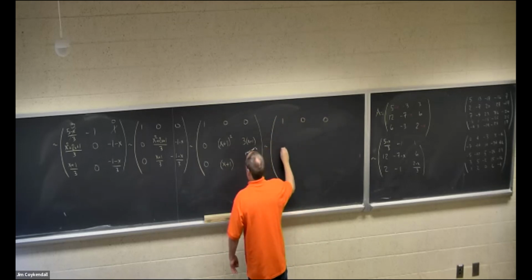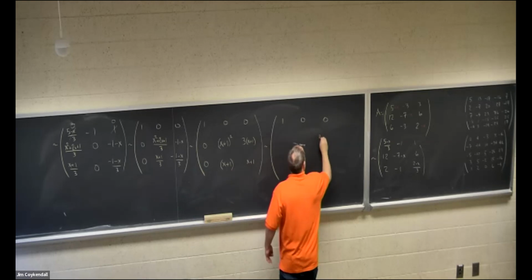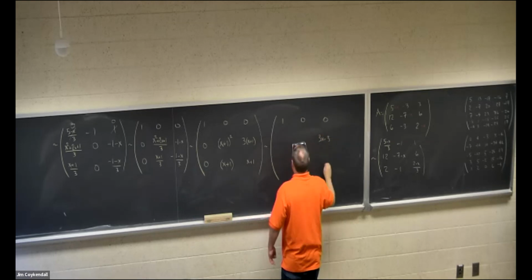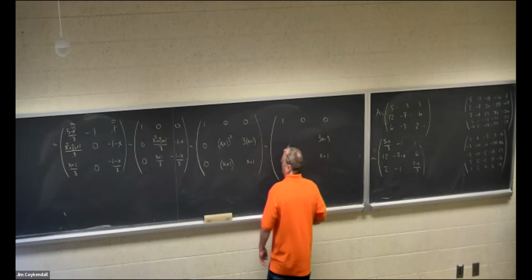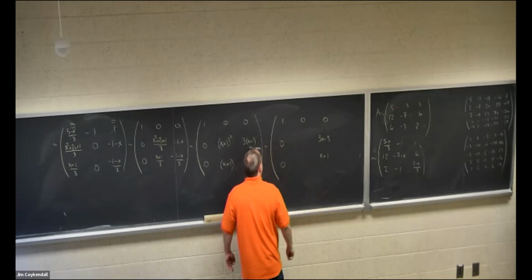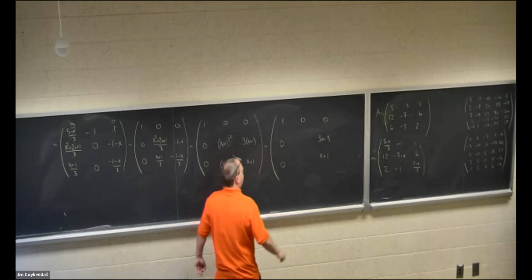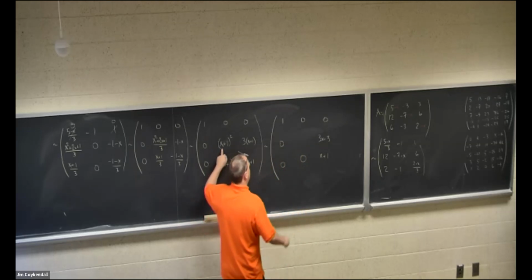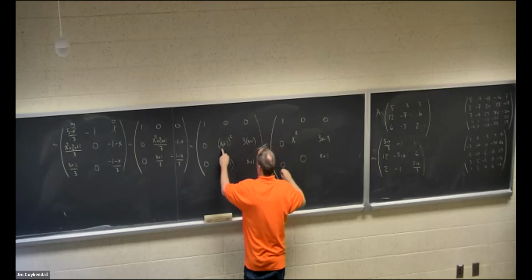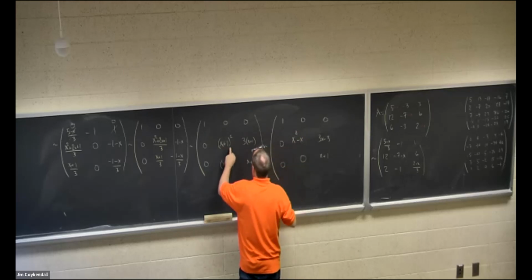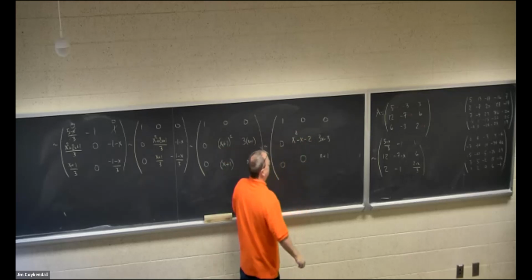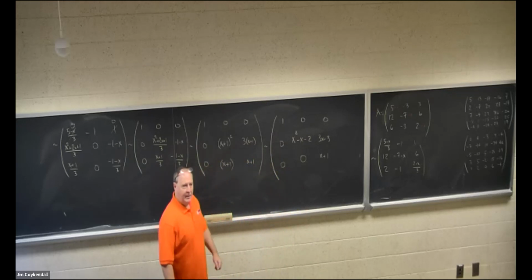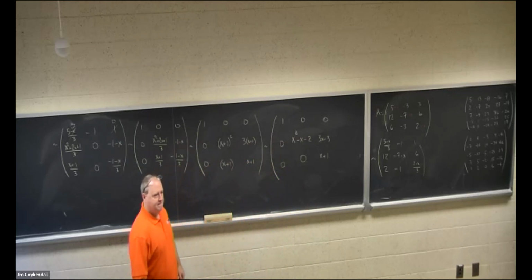And this is going to be 3x plus 3 still, x plus 1 still. I'm not messing with this. So -1 times this plus this, I get a big fat 0, so that's good. And this is going to be x squared minus x minus 2. Everybody okay with this?